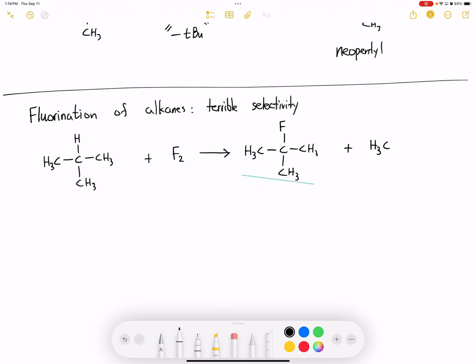Oh, okay, well, we would get hydrofluoric acid. What's the other alkane product we would get? So it would appear on one of these methyl groups, right? So CH2F.